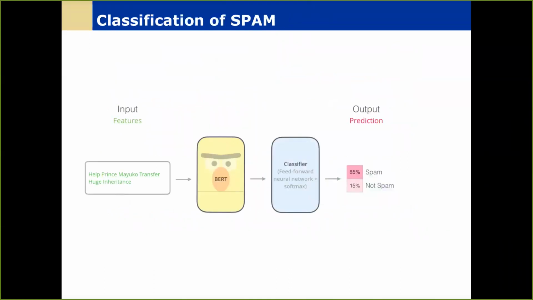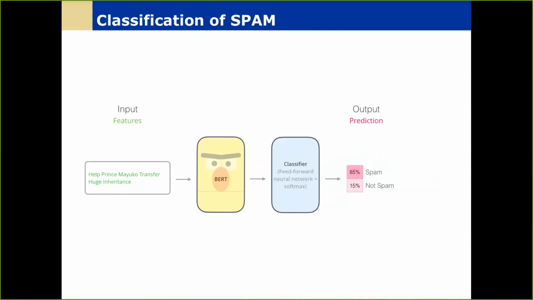Okay. So the idea here then is, let's say we get the input. The input here is say, help Prince Mayuko transfer huge inheritance, right? So you probably have gotten a spam email like that. So then what we're going to do is we're going to take that, do some pre-processing of the data, then feed that through BERT. And BERT is going to generate a sequence of numbers that represents the transformed version of that data.